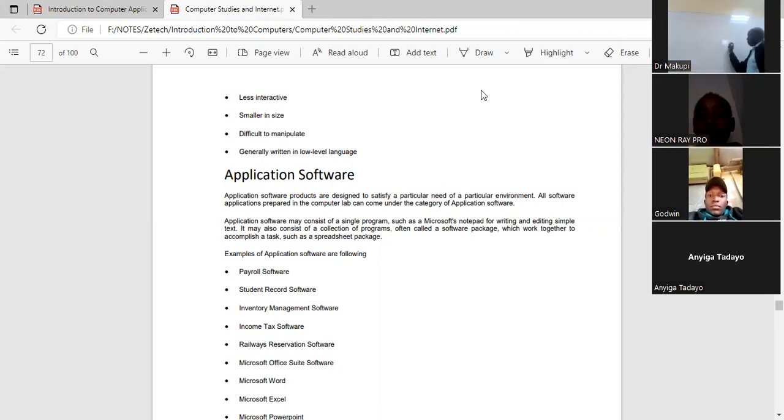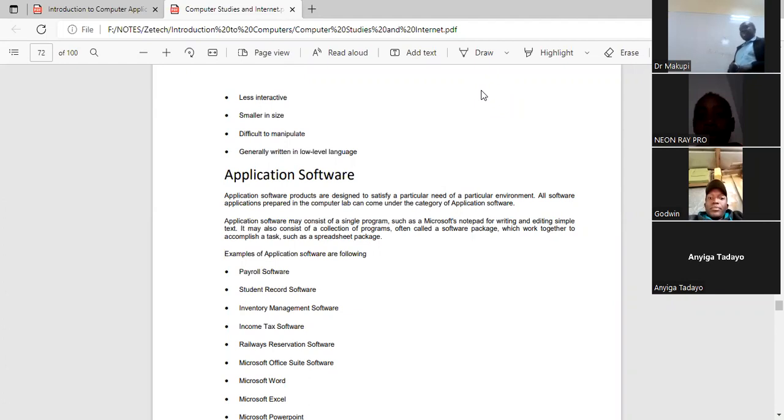I have said OS is a software which acts as an interface. An interface is something which is in between. This operating system is an interface between the hardware and application programs.